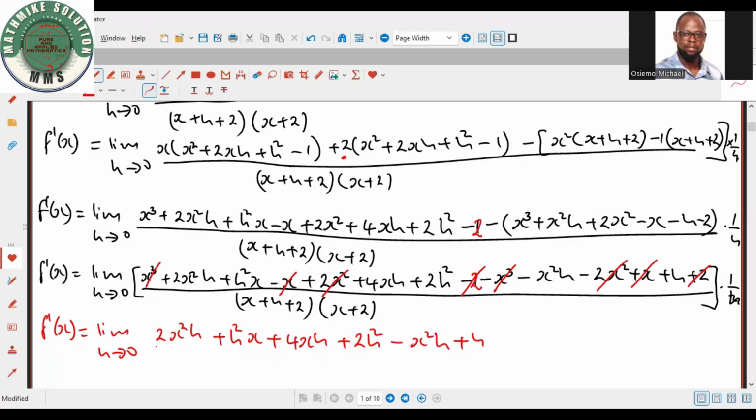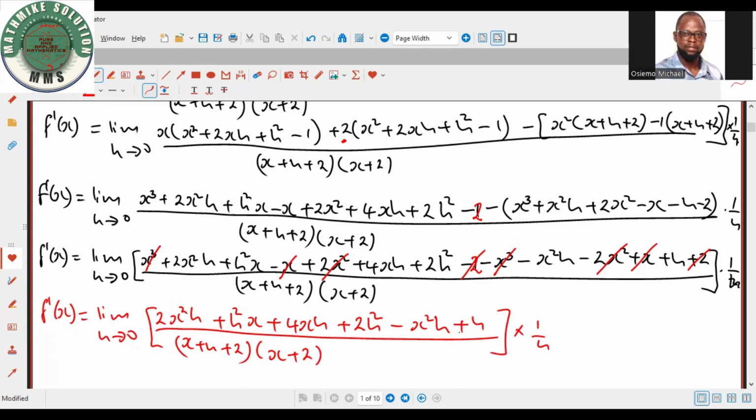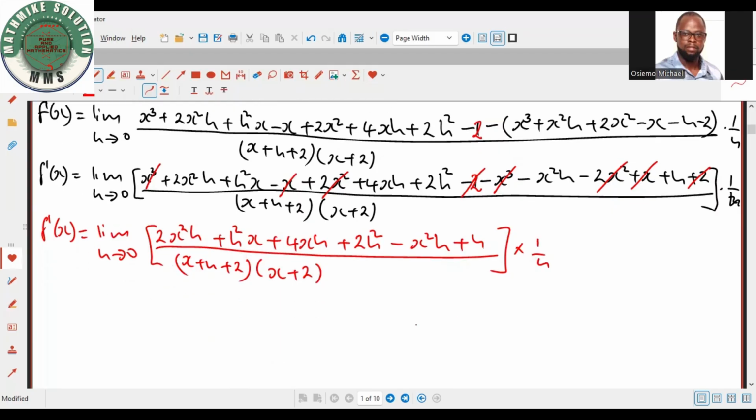Then all this is over x plus h plus 2, and also we have x plus 2, like that. All these, we are multiplying by 1 over h. So we need to factorize h and simplify further.